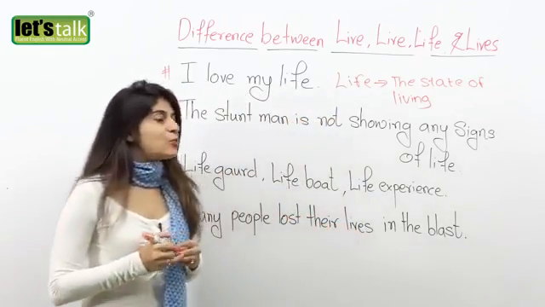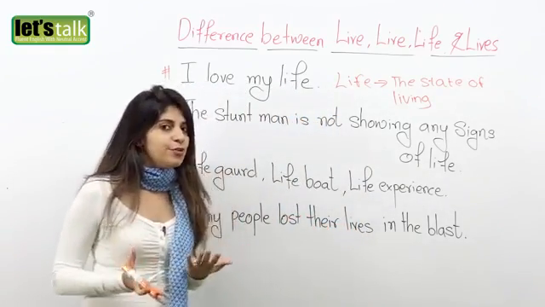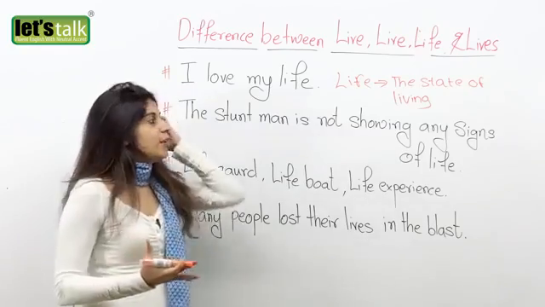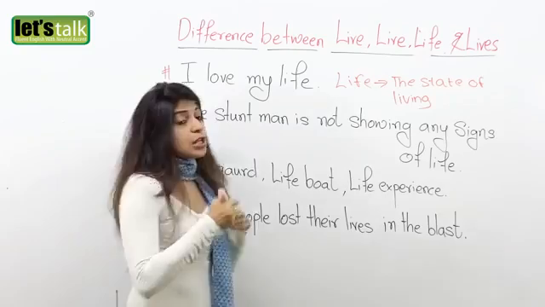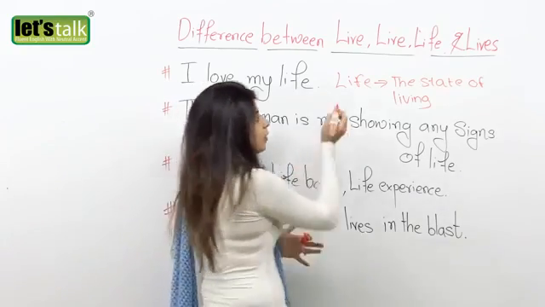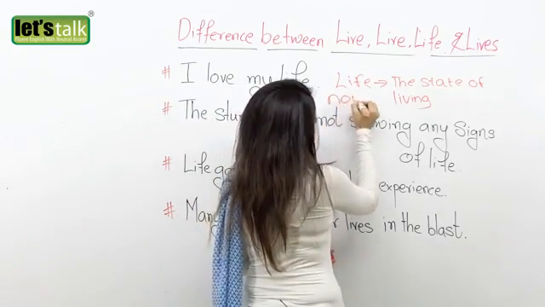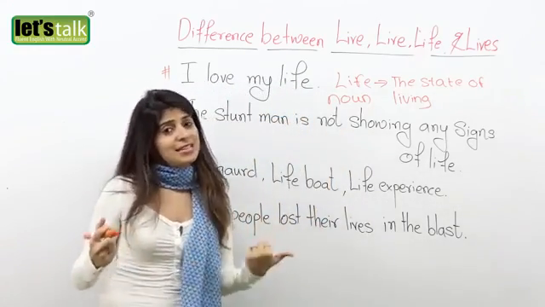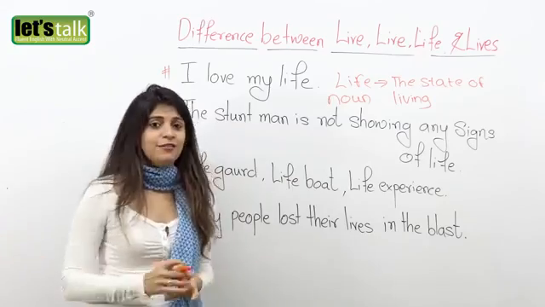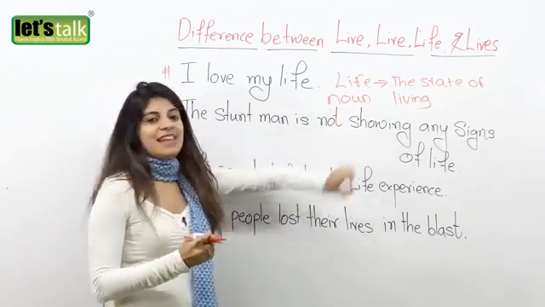So I've included this word because many people get confused how to use it right. Also remember that the word life is a noun. Okay, so like my life, your life, his life, wonderful life. So it is a noun.